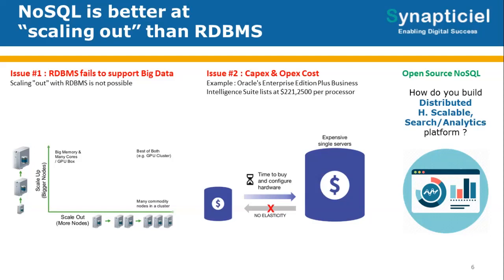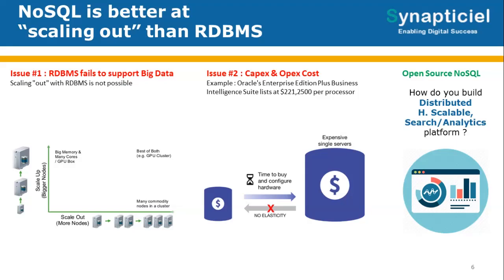SQL data warehouses cannot be scaled out, meaning they cannot be run on many commodity hardware. We need to bring more computing capability, bigger servers. And that's the second issue, which is the license cost. The more the data increases, the more the CapEx and the OpEx increase.